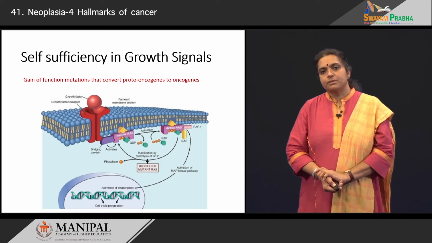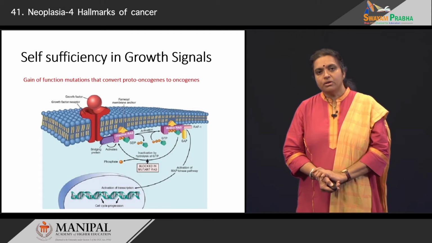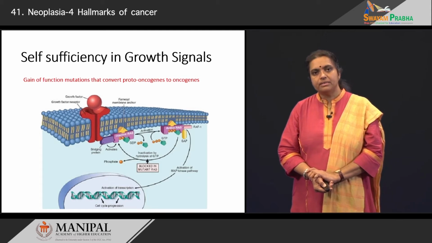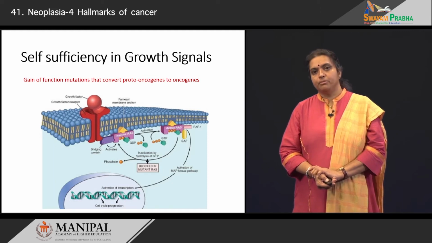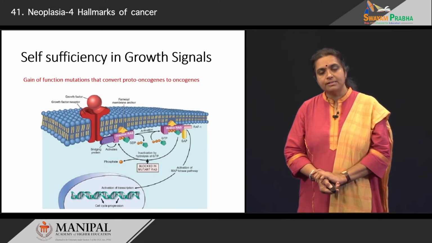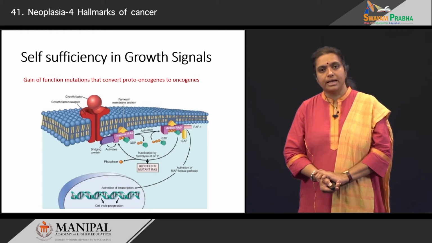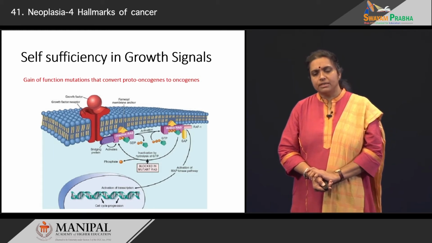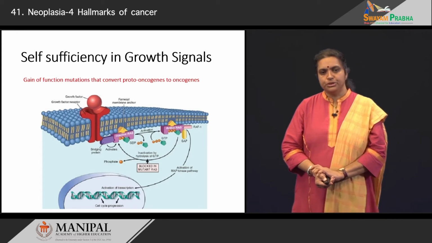Once transcription is activated through transcription factors, a whole lot of proteins are generated that are necessary for building new cells, such as proteins that form organelles, and proteins that are involved in various cellular activities, metabolism, and so on and so forth. So, the ultimate signal is delivered to the nucleus.